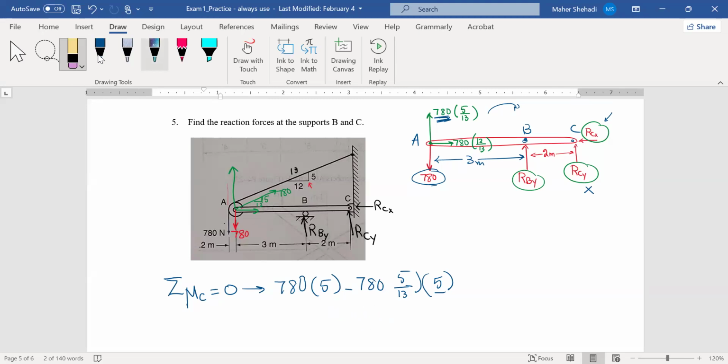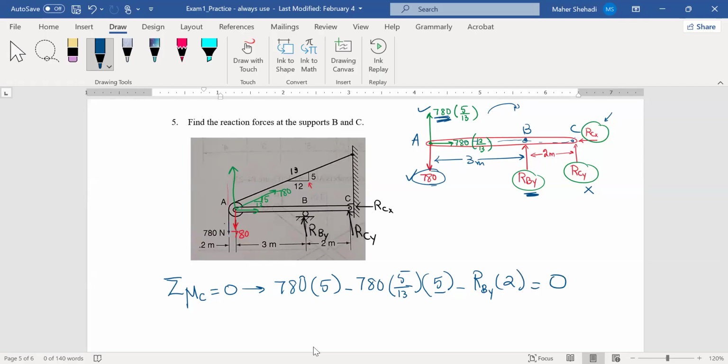Oops. What did we erase? Probably this one. Okay, so this one is down, this one is down, this one is going to pass through this point. So next I have RBY times 2 meters, and that's it, equals to 0. That's the nice thing about the moments.